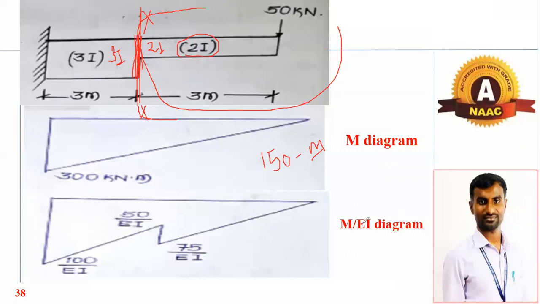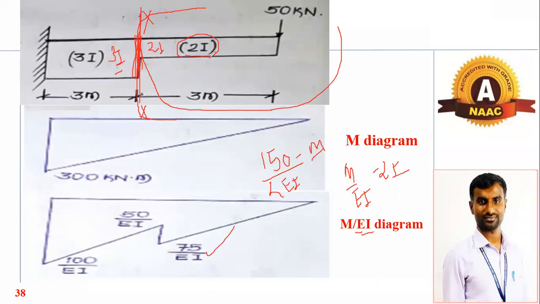What we want is bending moment divided by EI. Now see, at this particular junction there are 2 EI. So we'll first find out M by EI due to the cross section of twice of I. So this is 150 divided by twice of EI, which is 150 by 2, 75 divided by EI.